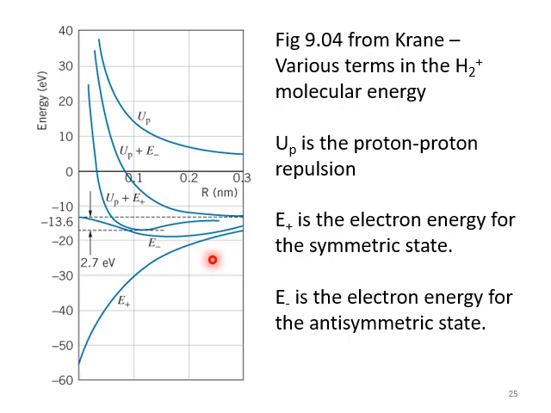So the total energy of the system is going to be equal to the sum of the electron energy for the symmetric state as a function of distance between the two, and the Coulomb repulsion of the two nuclei. We add those together and we end up with a sum of the two, which looks like this term here. And the important thing here is that there's a minimum.